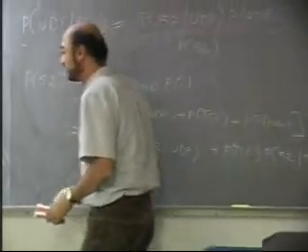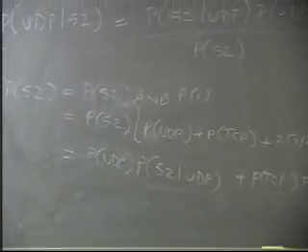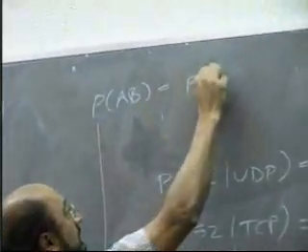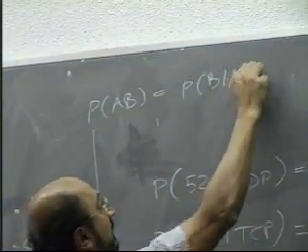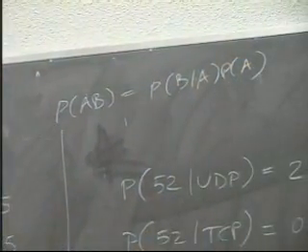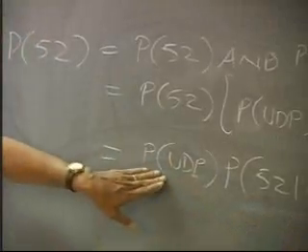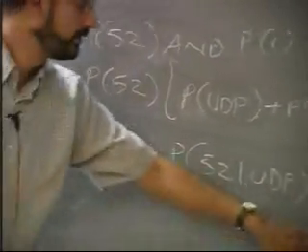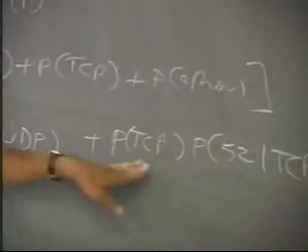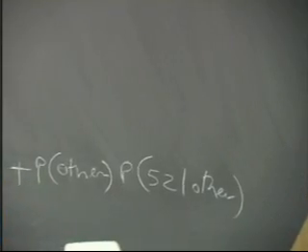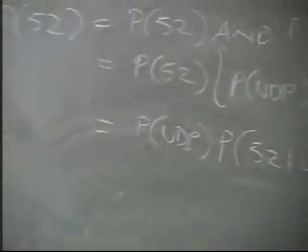Sorry, so the probability of AB, I'm just using this over here. P of AB is nothing more than P B given A times P A. So I'm just saying that conditional it's UDP. Okay, I want to know that it's 52 given it is UDP, multiplied by P UDP, right? Plus conditional that it's 52 given TCP times P TCP, plus 52 given other, P other. Obviously, if I multiply these three out, I'll get P 52.